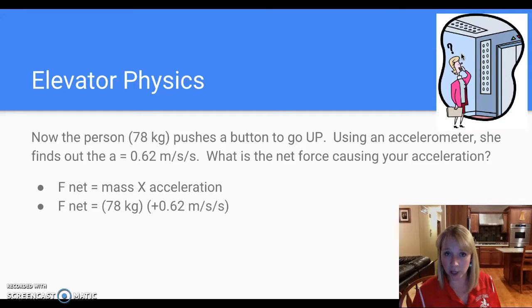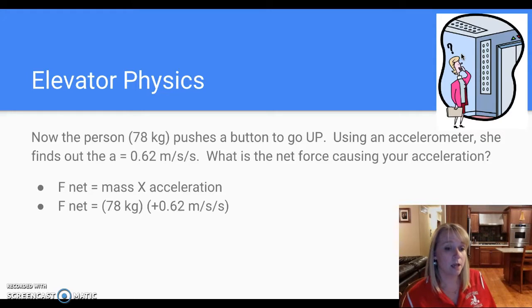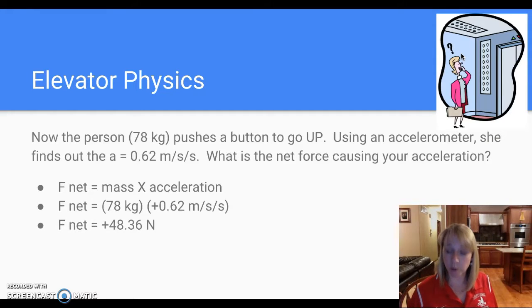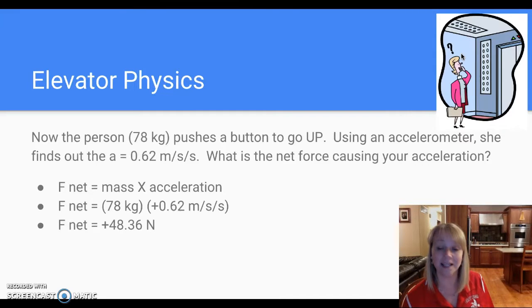Your mass hasn't changed, so that's still 78 kilograms, multiplied by 0.62 meters per second squared. Why is it positive? Because the direction is up, and up is positive in this case. So F net, to pull you upward, would have to be 48.36 newtons.